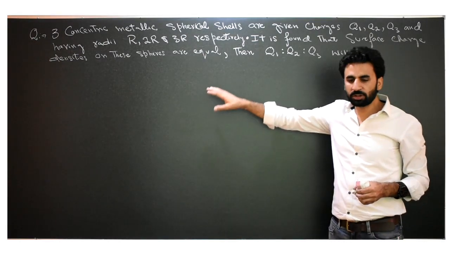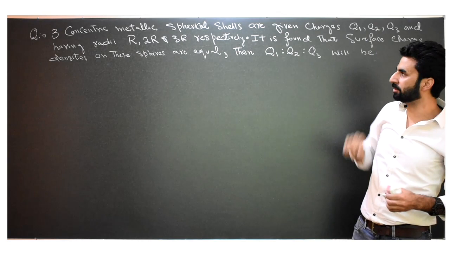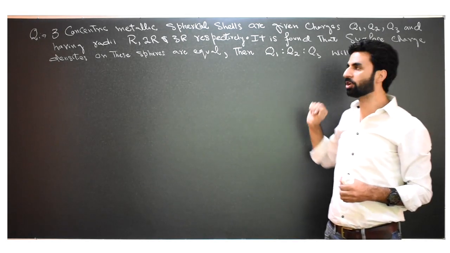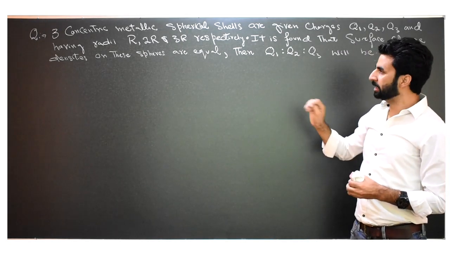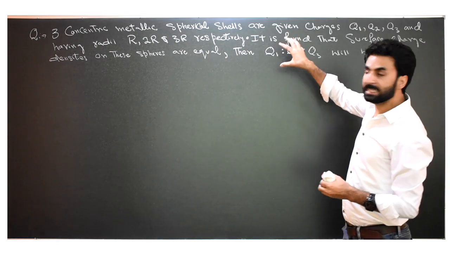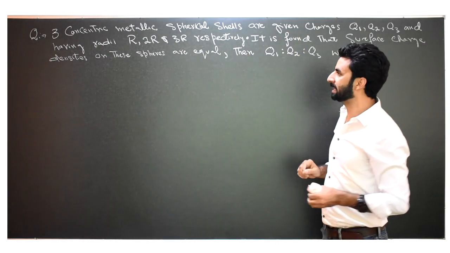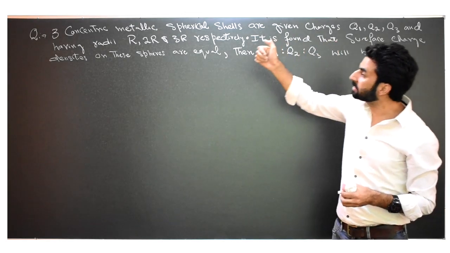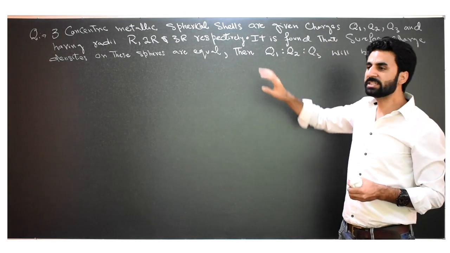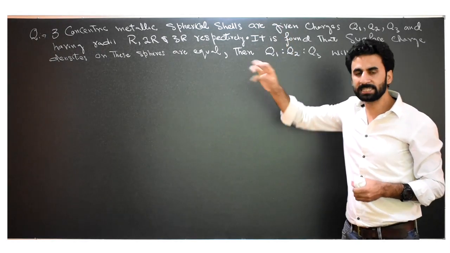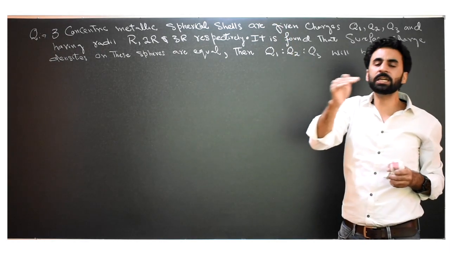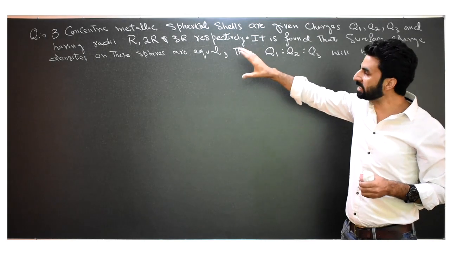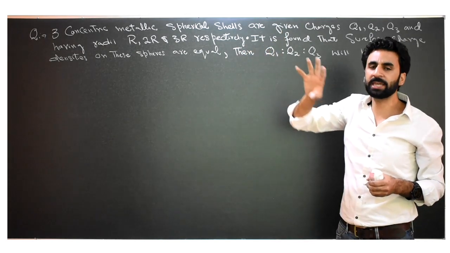Before going for the diagram and calculations, what are the concepts we need to incorporate while analyzing this problem? One, the surface charge density. We have a linear charge density, surface charge density and volume charge density. Surface charge density is charge divided by area.